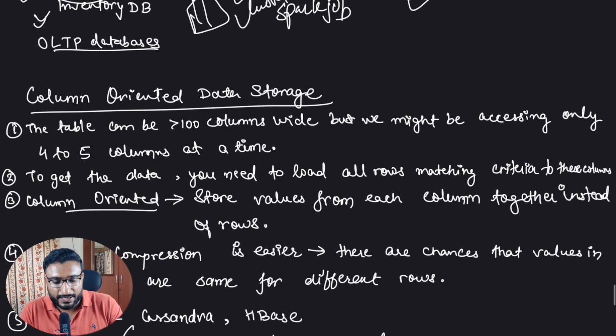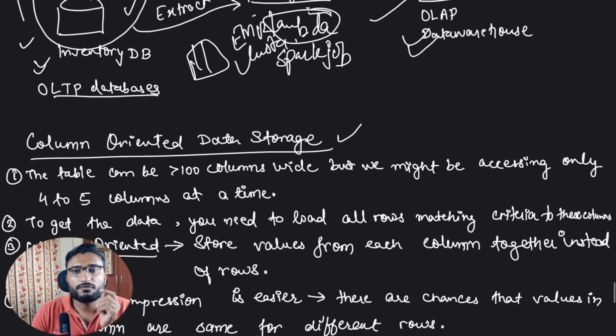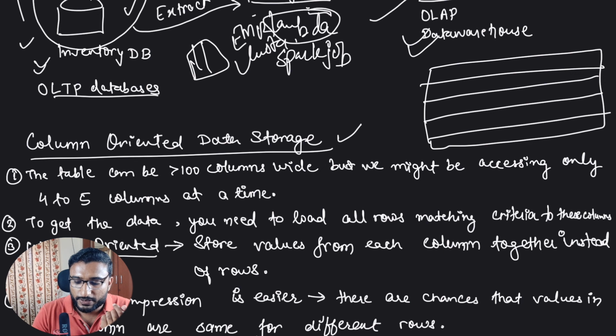Now moving to another kind of data storage, which is column oriented data storage. If we talk about why we need this kind of database, okay. So let's say you have a table here, okay, and these are your rows. Row 1, R1, R2, R3, R4, R5, okay.